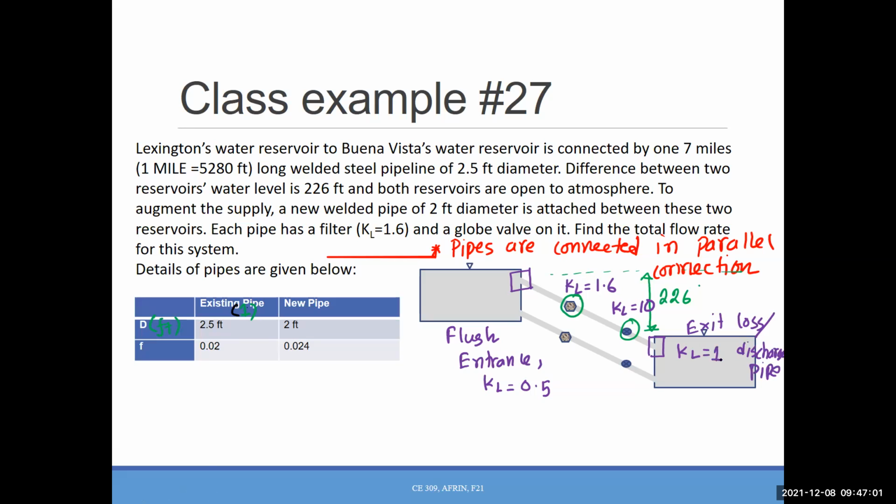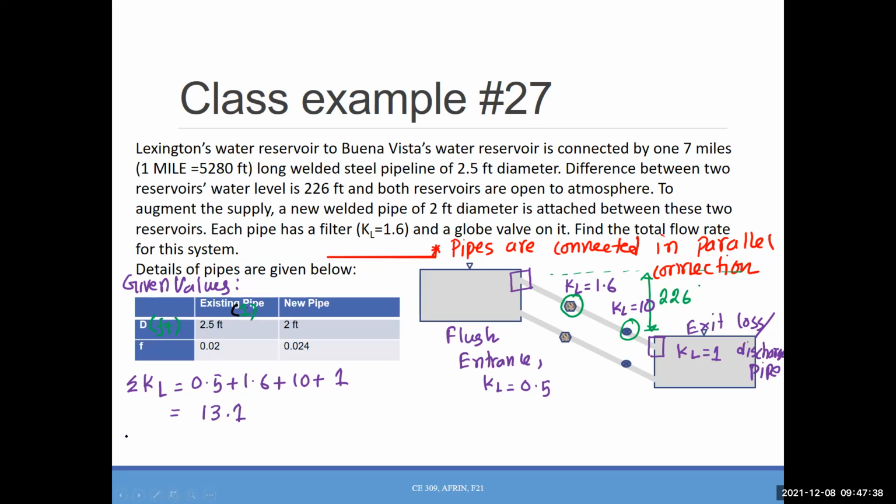And KL is 1. So we have all of these, diameter and friction factor, as given values. Also, we have the summation of KL, which will be what? 0.5, 1.6, 10, and 1. What is that number? 13.1.